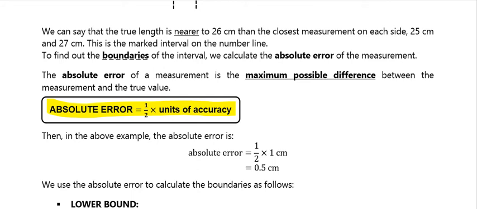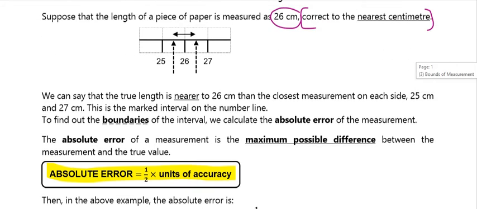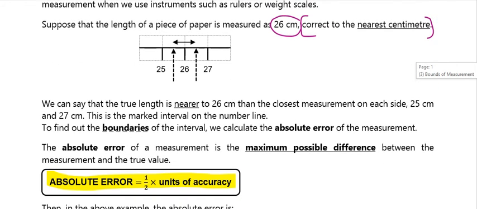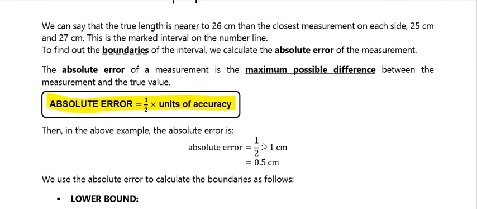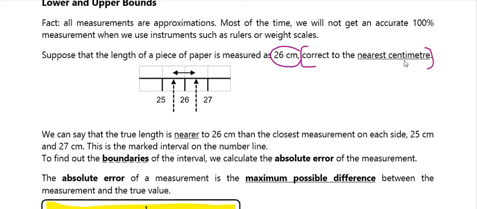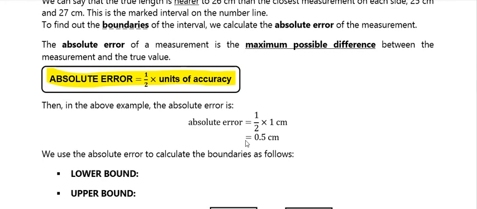Since we have correct to the nearest centimeter for the first example, we multiply half with 1 centimeter, because here it is the nearest centimeter. So your absolute error will be 0.5 centimeter.